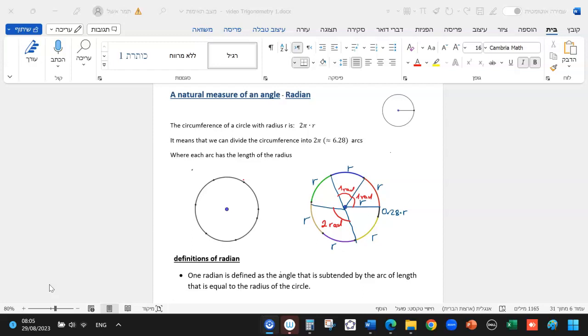It is a constant that was given to us by nature, and that is why the radian is considered to be a natural measure of an angle. Next, you can see another definition of radians with an example. And let's go to see the connection and how we convert between radians and degrees.